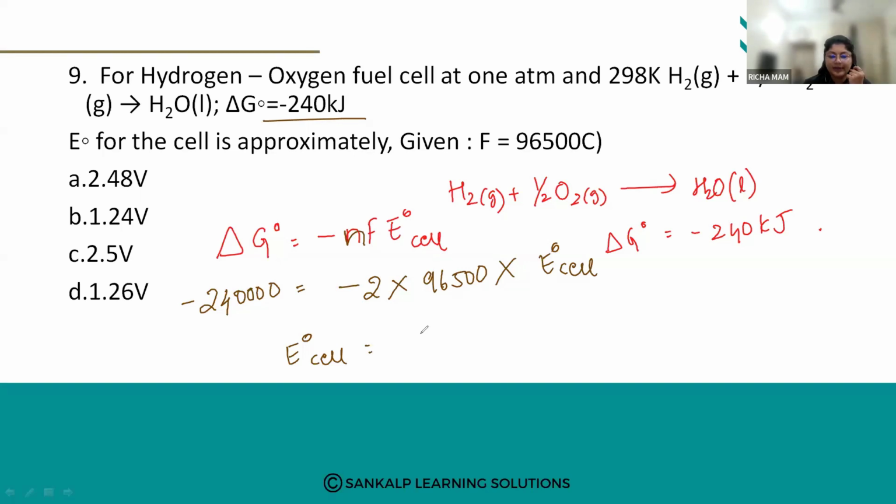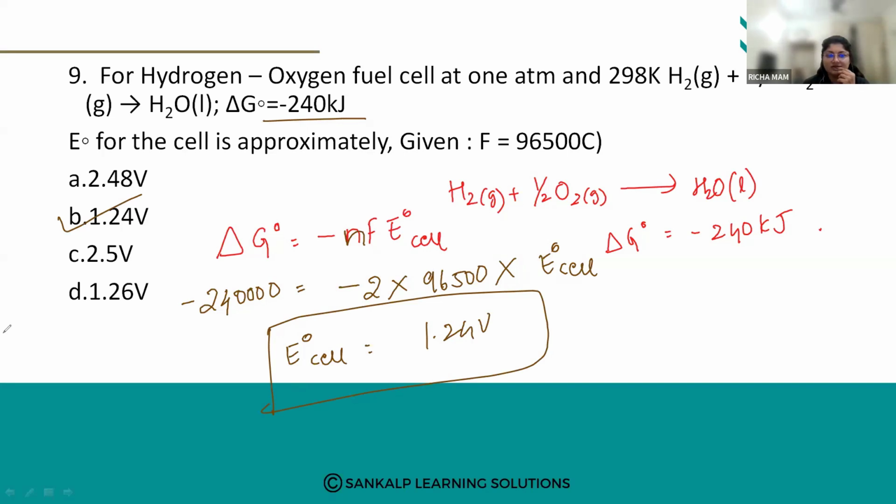E naught, I am getting as 1.24 volts. Yes, others have got 1.24 as well. So E naught of the cell approximately is 1.24 volts. Okay, fine.